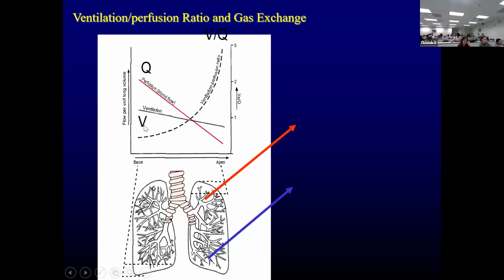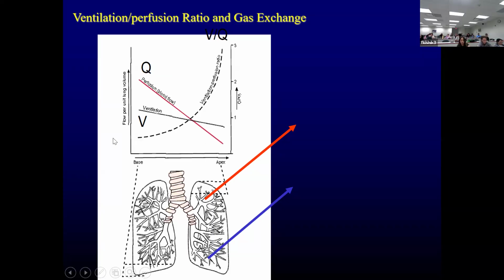So ventilation perfusion ratios are variable. There is much more decreased perfusion compared to ventilation at the apex of the lung. But at the base of the lung, perfusion is much more than the ventilation. So the ventilation perfusion ratio is a little lower there.